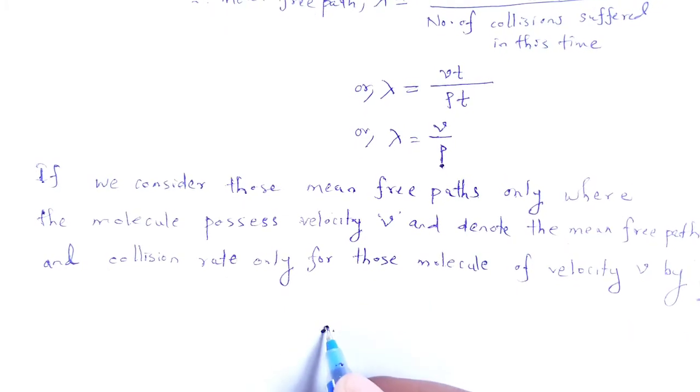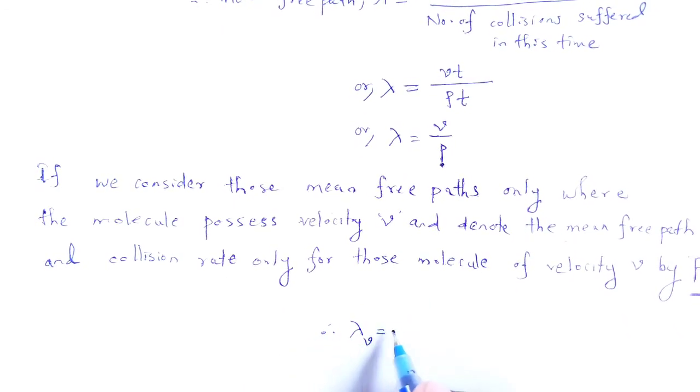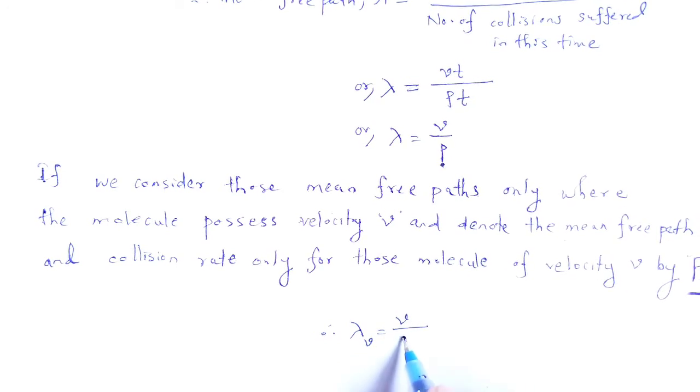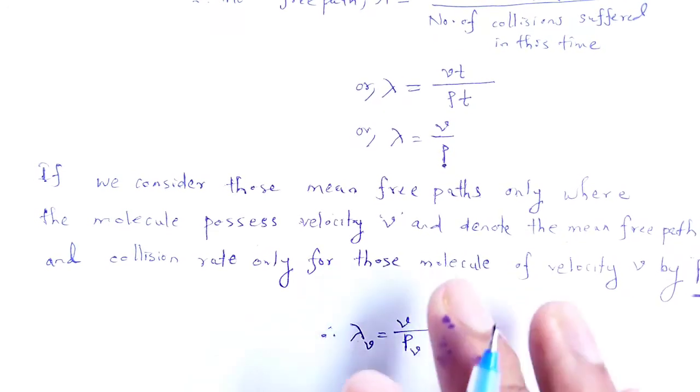Therefore, we write lambda of v is equal to v divided by p of v.